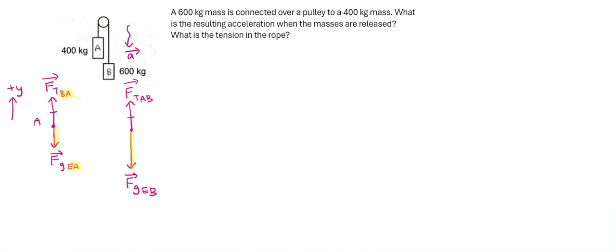Okay, second thing we need to do is establish equations. With these types of problems, you want to establish equations for each object and for each direction, like X or Y direction. For this one in particular, there is no force in the X direction, so we're just going to ignore that part and just do the Y direction.